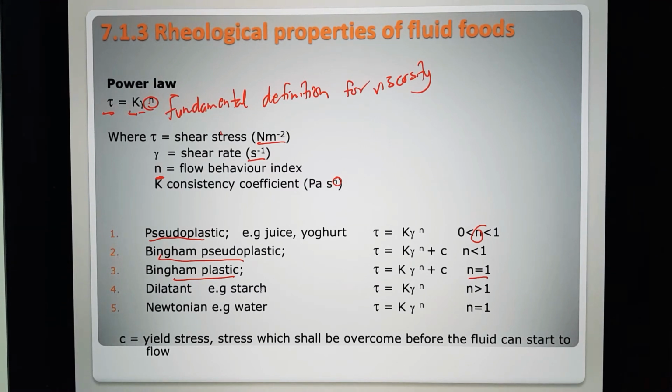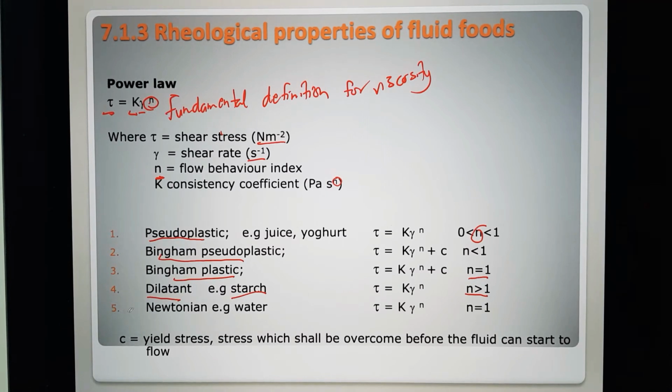And then the fourth characteristic is dilatant. For example, starch. When we mix starch with water, at first it is thin, but when you keep on stirring the mixture, it will start to thicken. That is known as dilatant, whereby the value of n is greater than 1.